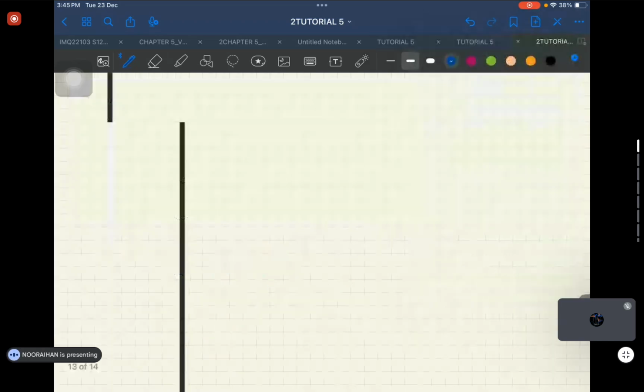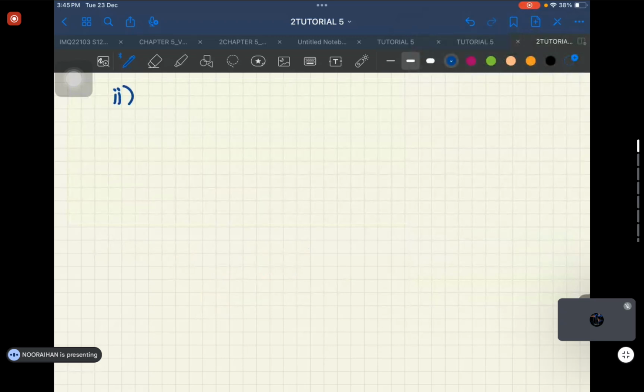Okay, next you have to check whether it is closed under addition. So how to check it?